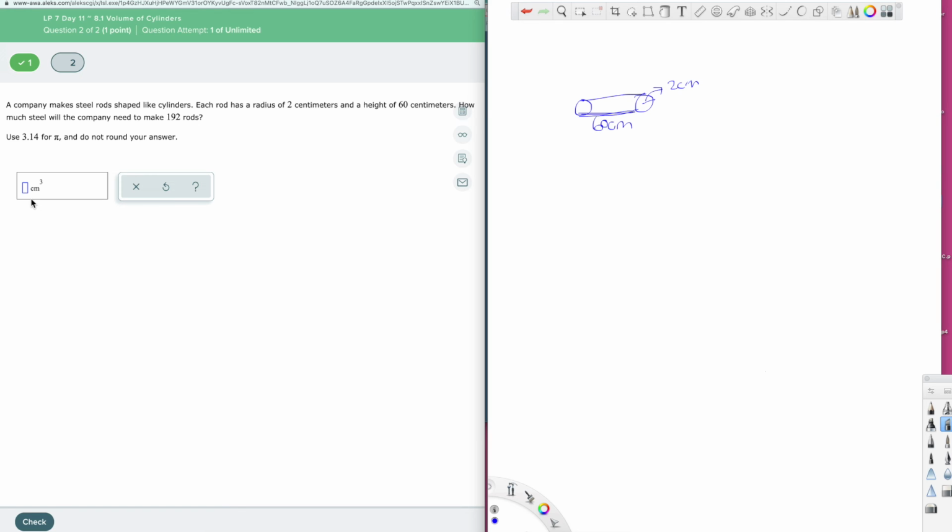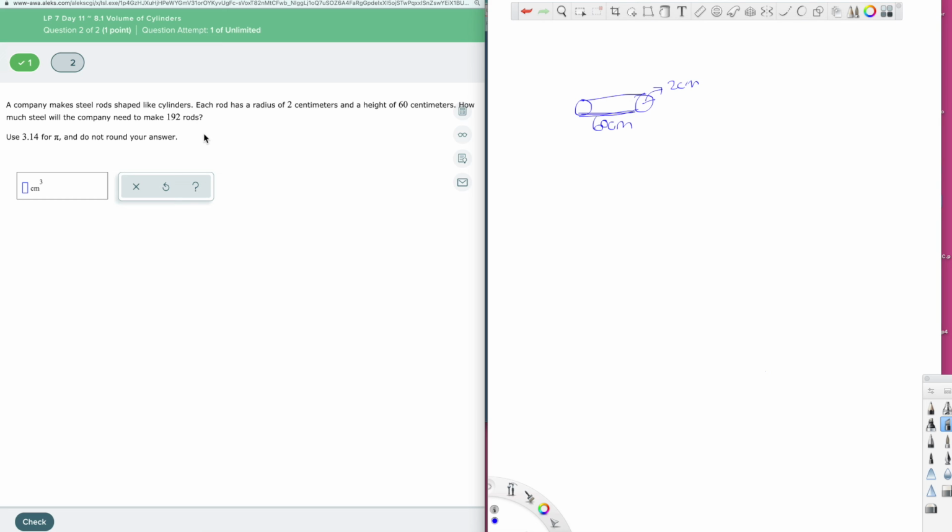But we do need to know how many centimeters cubed each rod is if the company wants to make 192 of them. So we need to know how much each one is, and then we can multiply that by 192 to find out how much we need to make 192 of them. But I need to know how much each one is before I can do my multiplication, right?